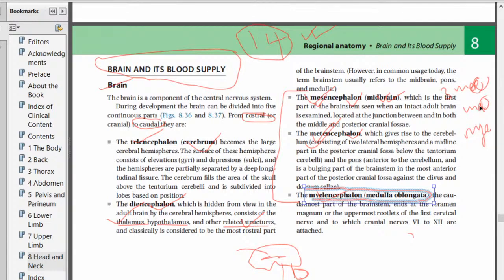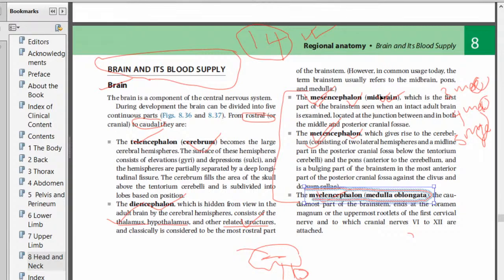T comes after S, so metencephalon is fourth, and Y is at the last of the alphabetical order, therefore myelencephalon is fifth. So telencephalon, diencephalon, mesencephalon, metencephalon, myelencephalon.